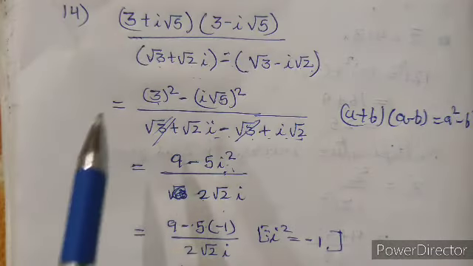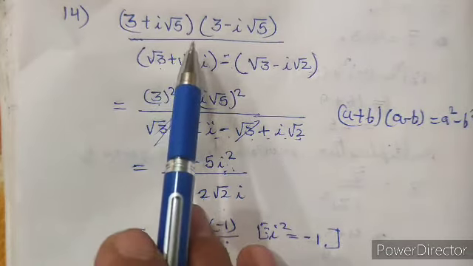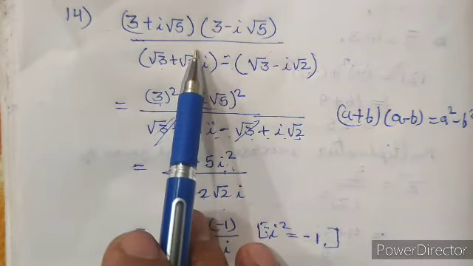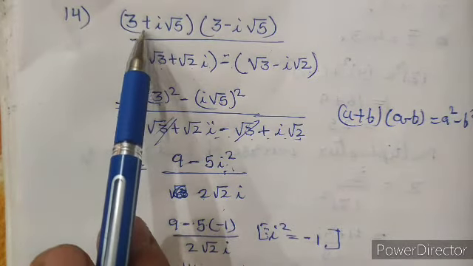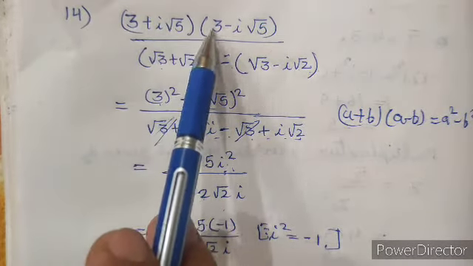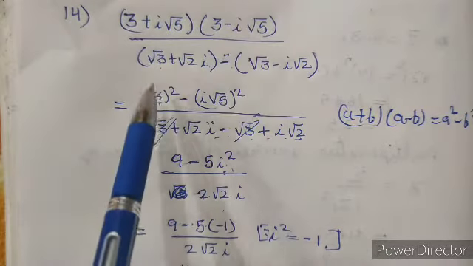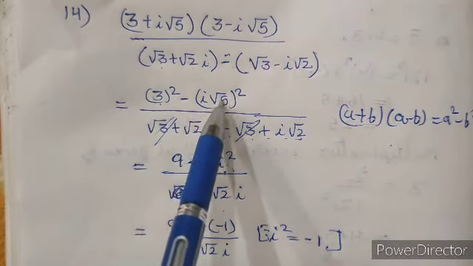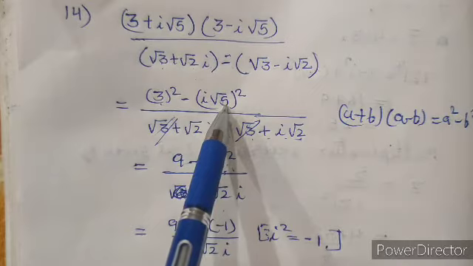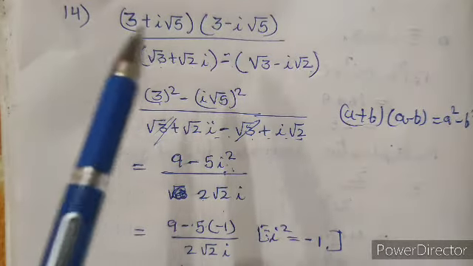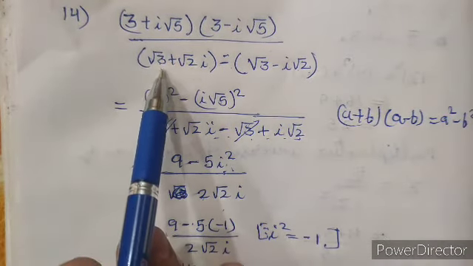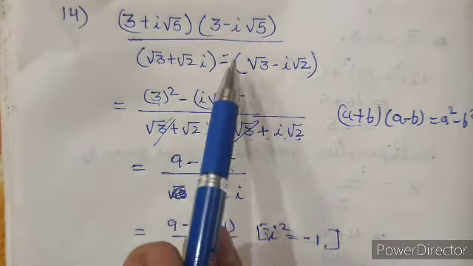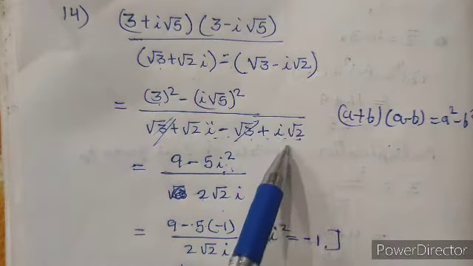Now in question number 14, we have to write the given number in the form of a plus ib. Now here (3 plus i root 5) into (3 minus i root 5) will be equal to 3 square minus (i root 5) square by the formula (a plus b) into (a minus b) equal to a square minus b square, and denominator will be equal to (root 3 plus root 2i) minus (root 5 plus i root 2).